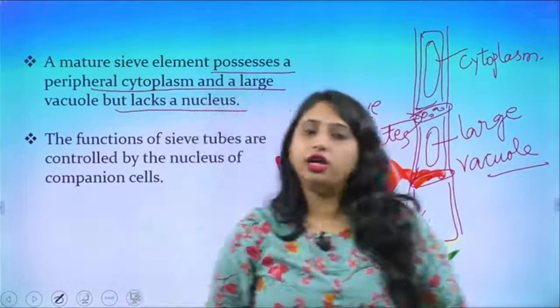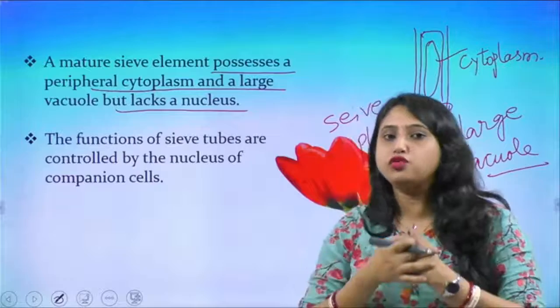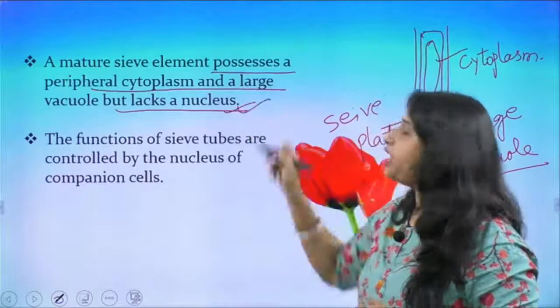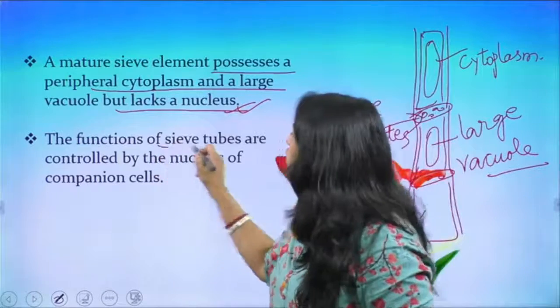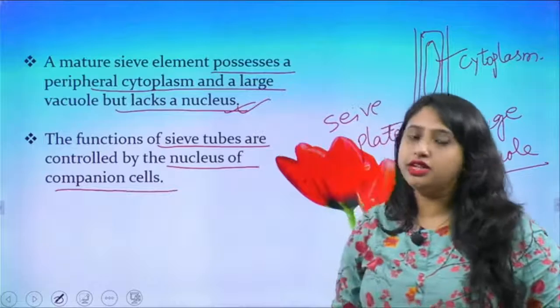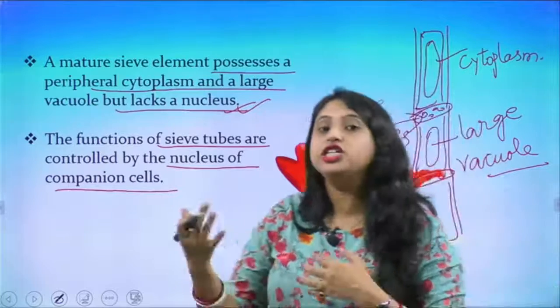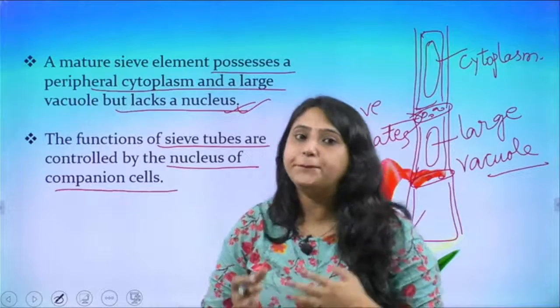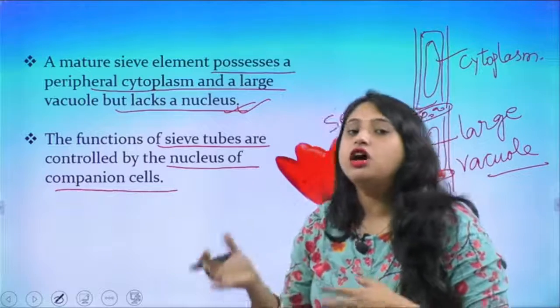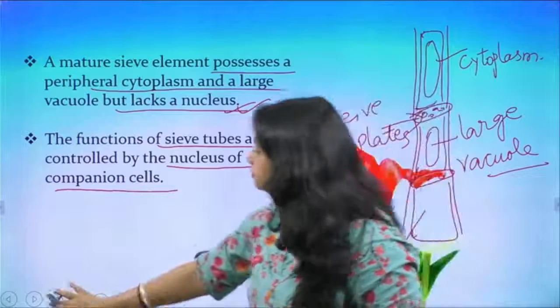So they have got a cytoplasm and also they have a large vacuole, but what they do not have? They do not have your nucleus. They lack the nucleus. The function of your sieve tubes are controlled by the nucleus of companion cells. Already I have said that they share the nucleus with your companion cells.